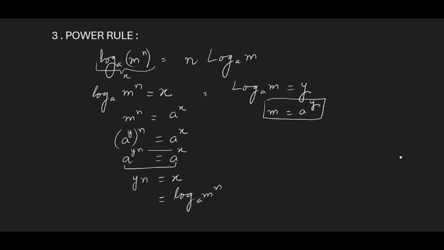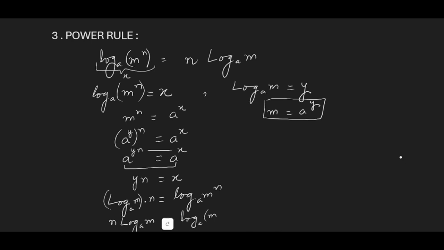What is the value of y? Y is log a m. Okay, and this is multiplied by, what is this? This is n. Let me write it like this. ये पूरी एक term है, इसलिए ये इस तरह लिखी जाएगी n, and we can write it like this, n log base a of m is equal to log base a of m raised to the power n. इसको आप ब्रैकेट कर लीजिए और यहाँ भी ब्रैकेट कर लीजिए. ठीक है, sorry for that.